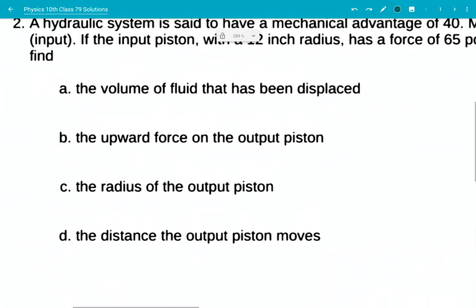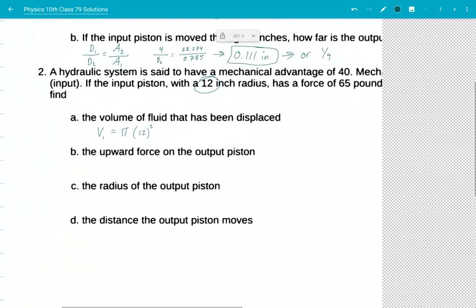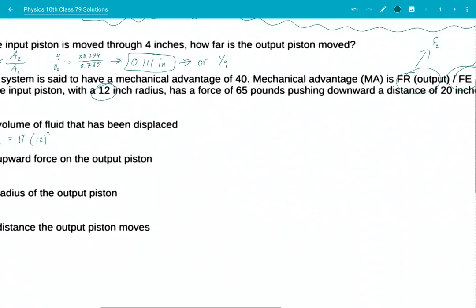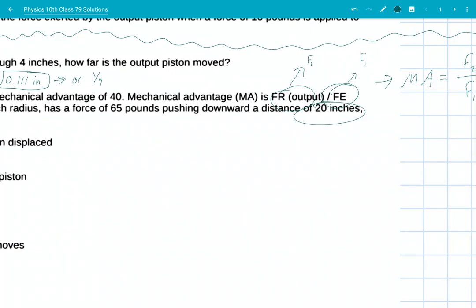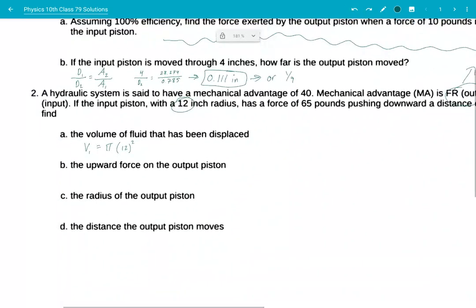So we're going to plug in the formula. Volume 1 equals pi times, there's the radius, 12 squared, times d1 they give us. It goes a distance of 20 inches, right?